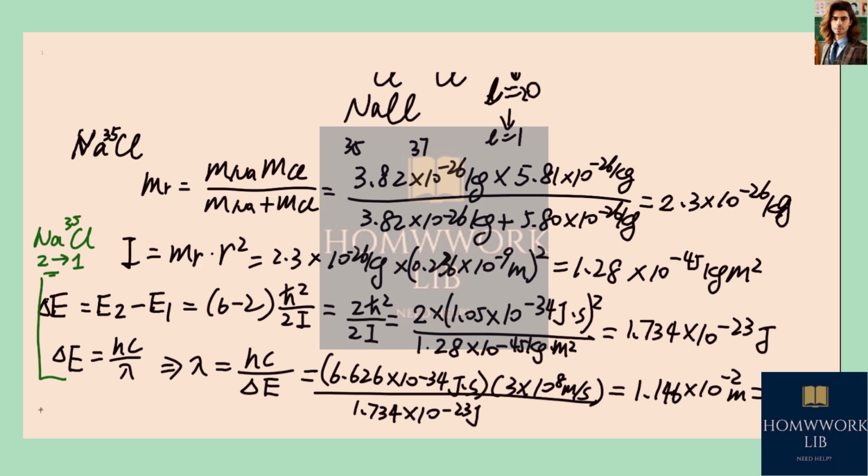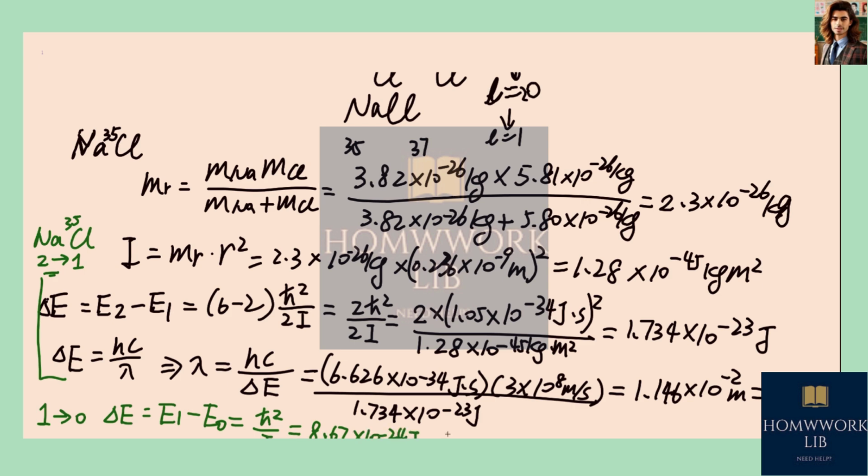When we go from 1 to 0, what differs is that now the energy is E1 minus E0, which is h bar squared over I. So this is roughly half the energy of the previous case. So the new energy is 8.67 times 10 to the negative 24 joule.